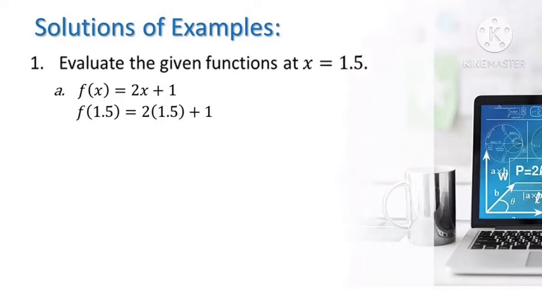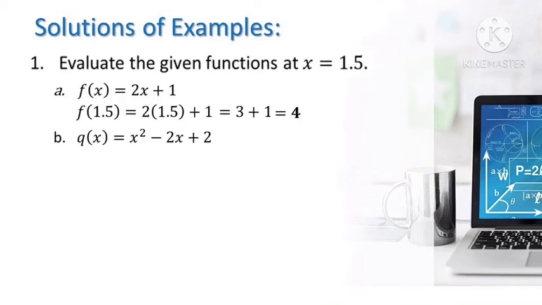So, we just simply replace x with 1.5 both sides of the equation. Now simplifying the results, 2 times 1.5 is equal to 3 plus 1. Resulting value would be 4. Thus, f of x is equal to 4.